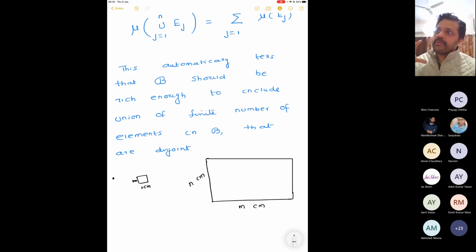Once I know how to measure triangles, how to find the area of the triangle, I know how to find area of regular polygons. Polygons you can divide into several triangles. Each vertex you join to the center, for instance.